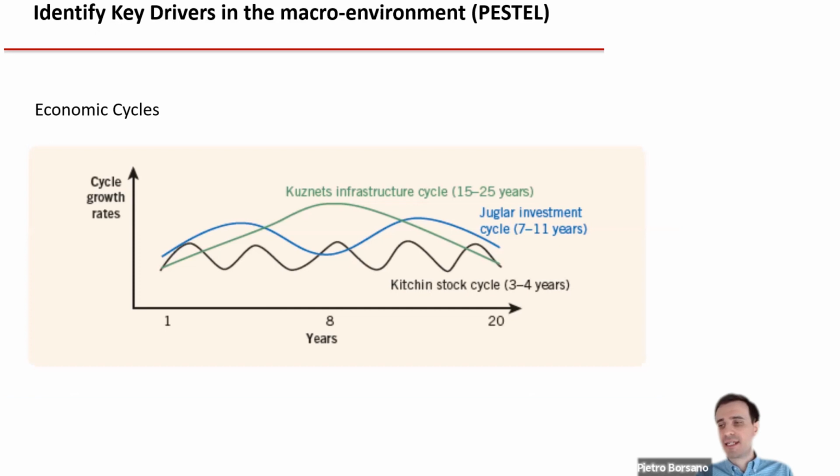Again, I think this may help grasp better this concept of the economic cycle. So we have a stock cycle. The stock cycle is generally driven by companies acquiring new stock, new raw materials for their operations.